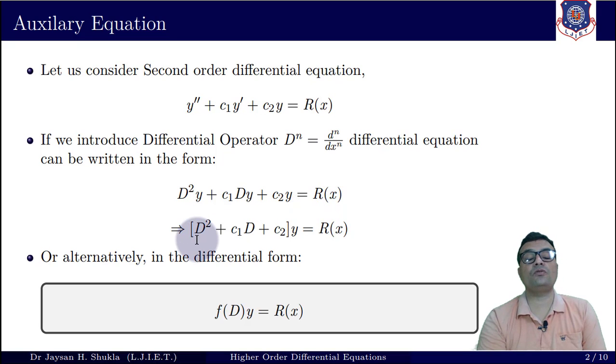Then taking y outside on the left hand side, it gives me (D square plus c1 D plus c2) times y equals r of x. And this will let us write the operator form of the given differential equation, which is f of D times y equals r of x. This will be my first step in this method.